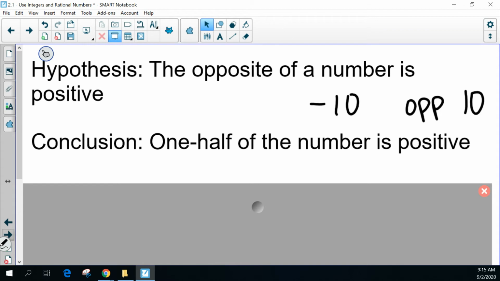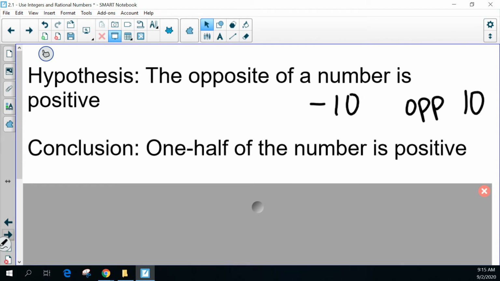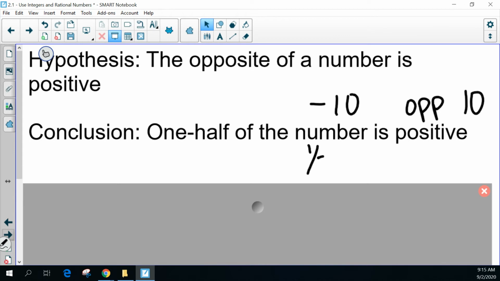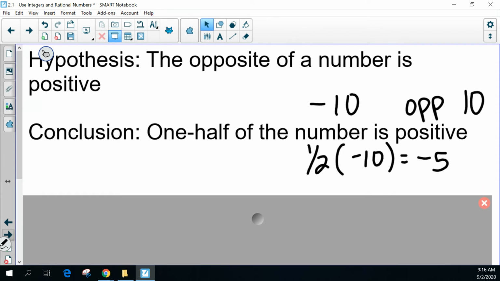So is that true? 1/2 of negative 10 is negative 5. So this would be false because I just found a counter example. Everybody good with that? So sometimes when the wording is not as easy to follow, I just put a number in there to figure it out, and I go from there.